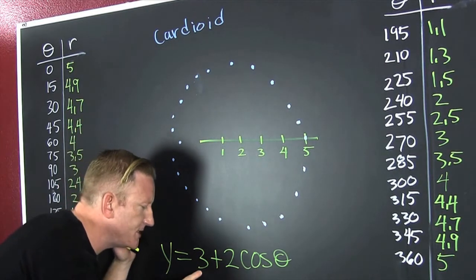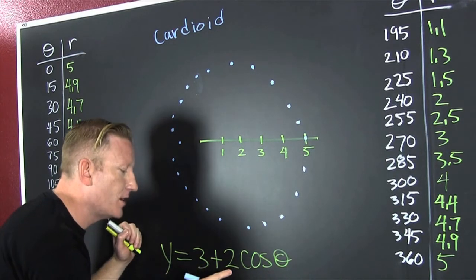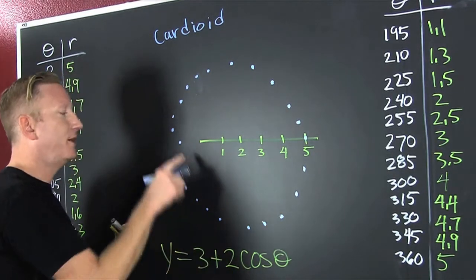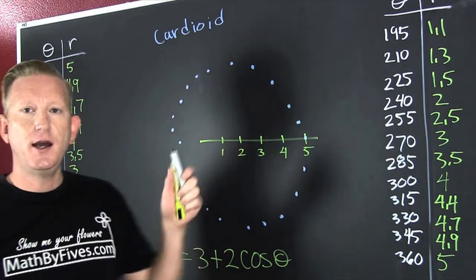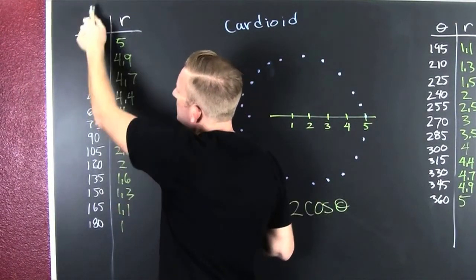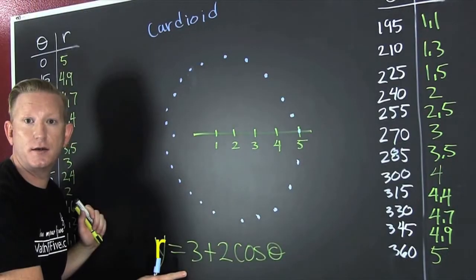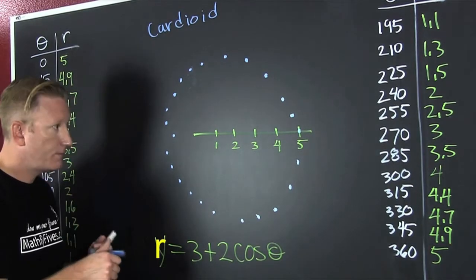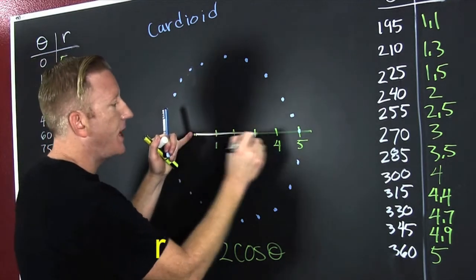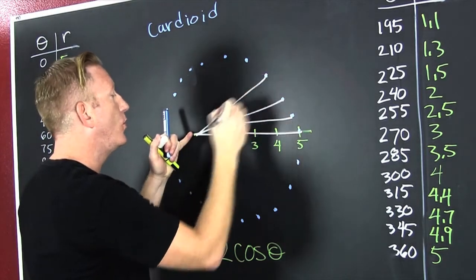This time, the constant is stronger than the function. When I say stronger, I mean the number is larger. When the number is larger but smaller than 2, we get something that looks like this. I've calculated some values, boom, for thetas and r's. We put our thetas in, we get our r's out. When theta is equal to 0, boom, we are out 5 units. 15, boom, then this, then that.